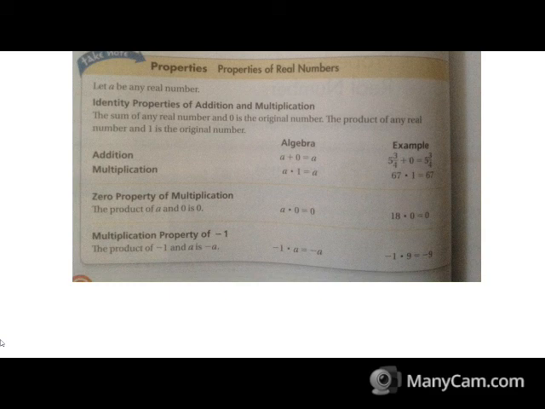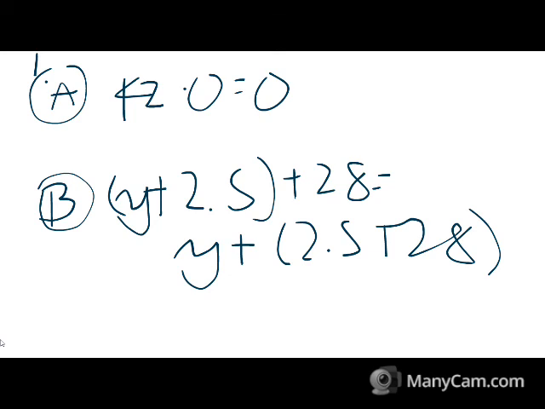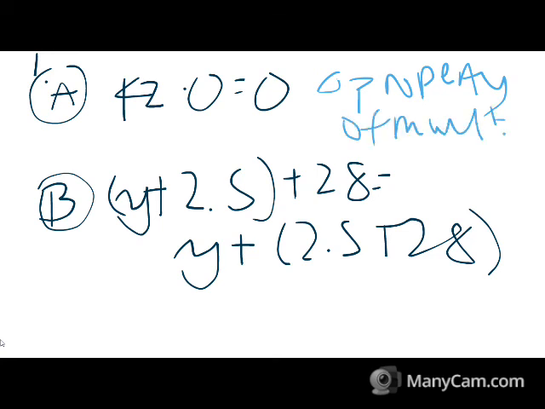So if we look at the first problem, we want to know what property is being illustrated by each sentence. 42 times 0 equals 0. You multiply any number by 0, you will get 0. So what do you get? The zero property of multiplication. I'm going to abbreviate here. All right, letter B, the next one.